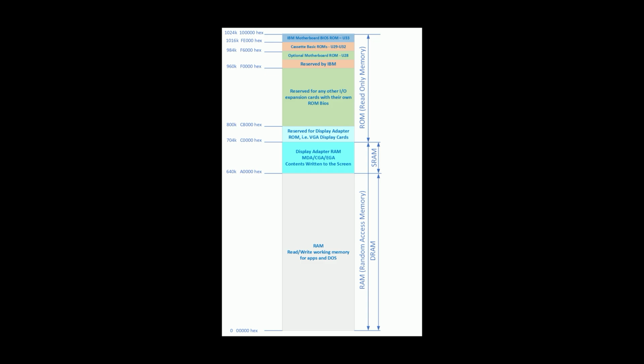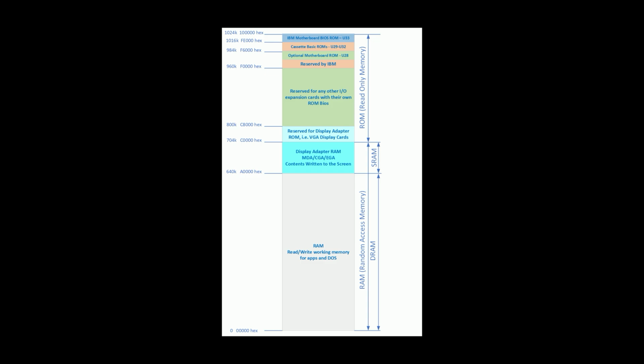So when we look at the memory map of the IBM PC, we can see how it's been mapped out. At the top is the original IBM BIOS, which resides in the motherboard. Next below that is the cassette BASIC ROM, which is executed if the IBM PC can't boot from a diskette.